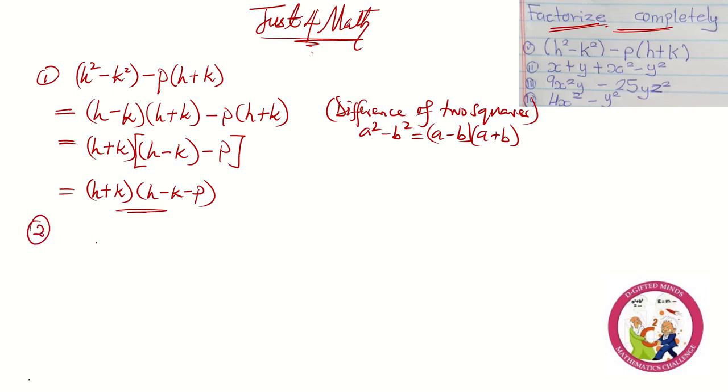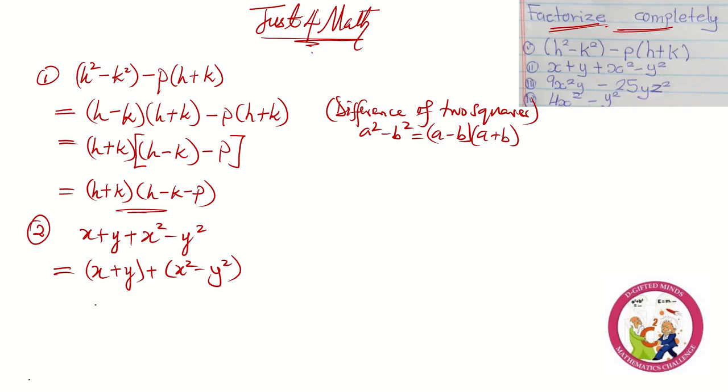Now let's look at the second question. That is the expression given as x plus y plus x squared minus y squared. Here for number 2, let's also apply the idea of difference of two squares. I can decide to write this expression as x plus y in a bracket, plus I also put this in another bracket, x squared minus y squared.